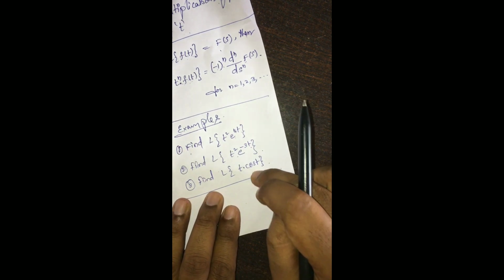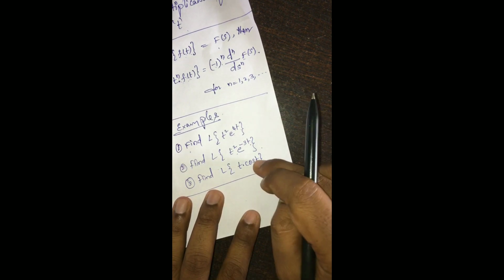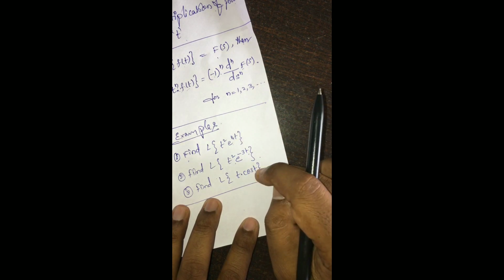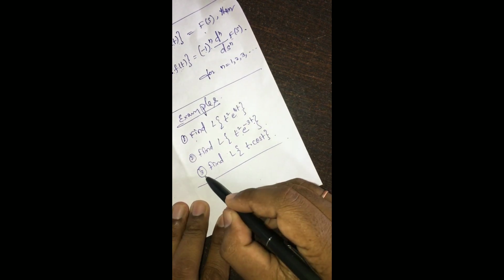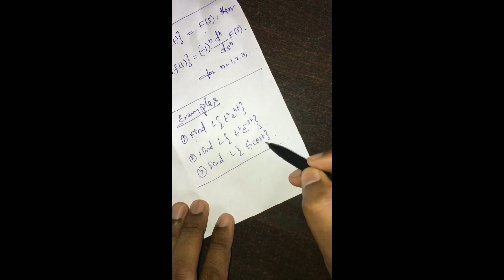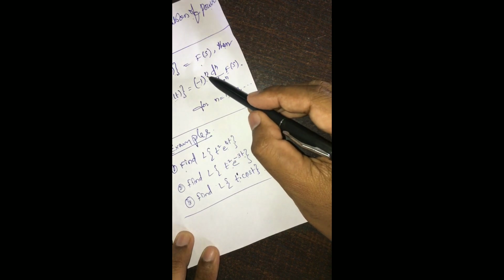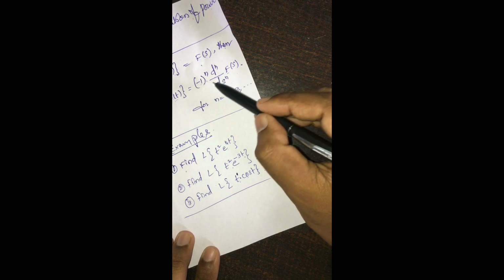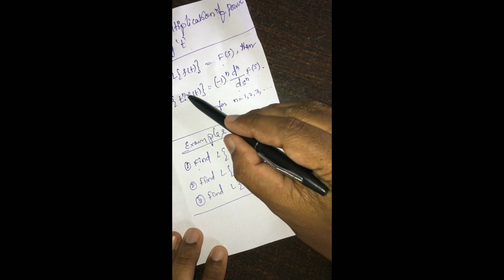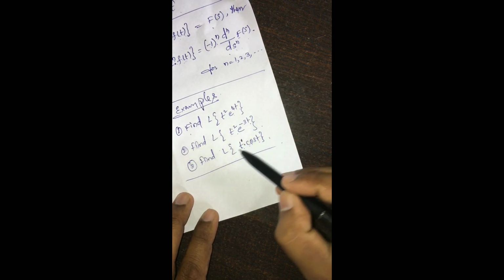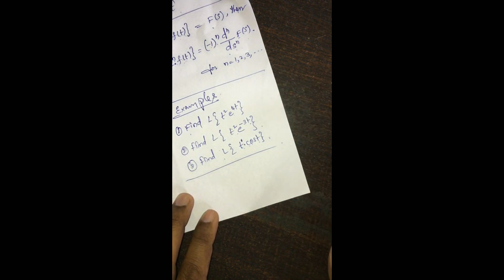But coming to this, here we have to apply directly the multiplication by power of t formula, that is the Laplace transform of t into cos t, which is multiplied one time. That means you have to write n as one, then differentiate with respect to s. Then you will get t to the power of n into f of t. That means t to the power of 1 into cos t, the Laplace transform directly.